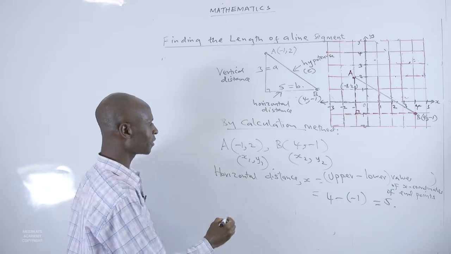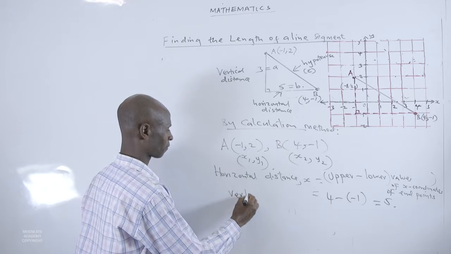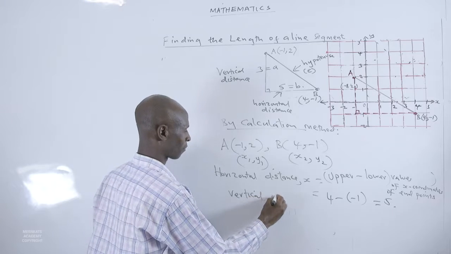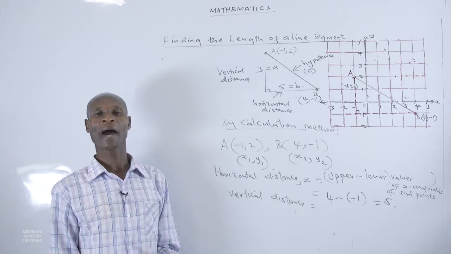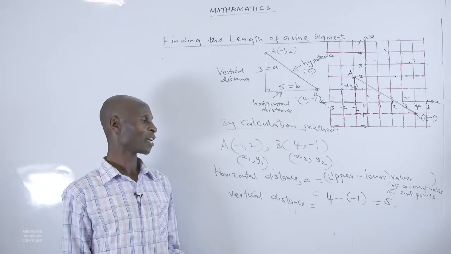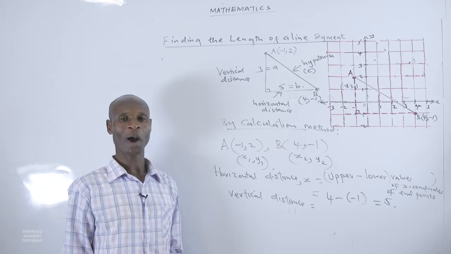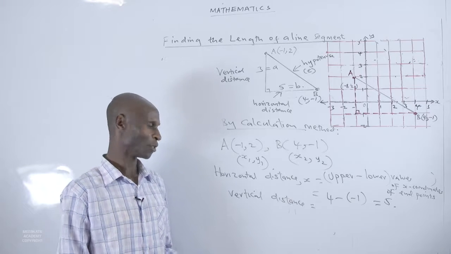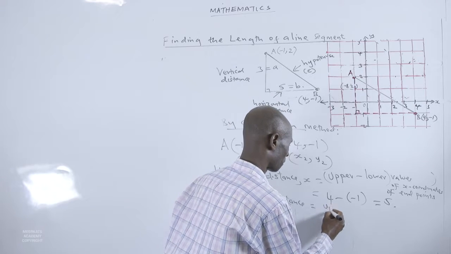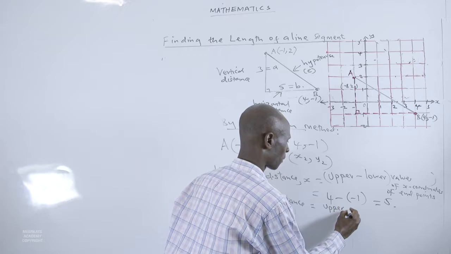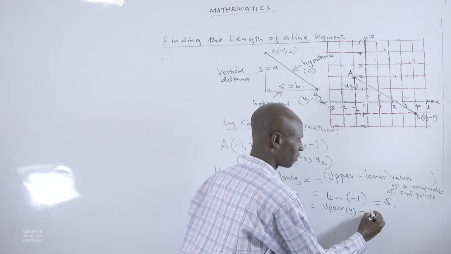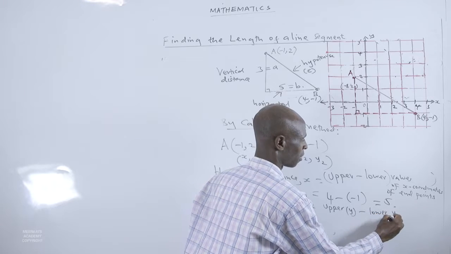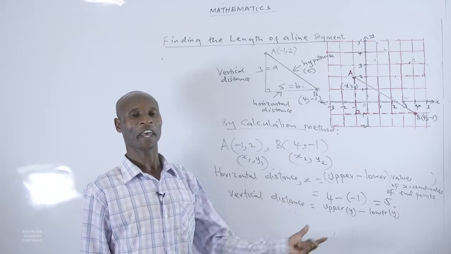Then vertical distance is obtained by taking the upper minus lower values of the y coordinates of the endpoints. Upper y minus lower y for the endpoints.